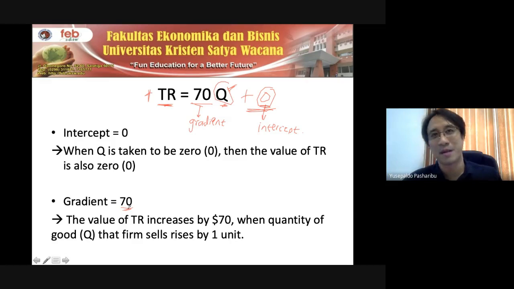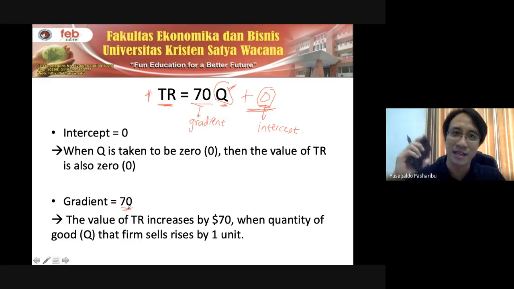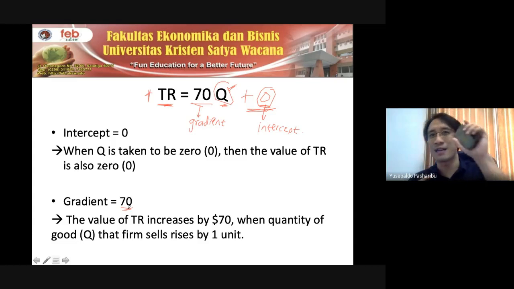An example, if we go back to the iPhone example that I gave you, if I sell this for 10 million, then the TR is 10 million times Q. If I only sell one, then I will get 10 million. If I sell one more, I get 10 million more. One more unit of quantity will result in a 10 million rupiah increase.